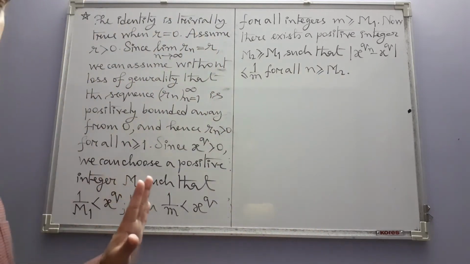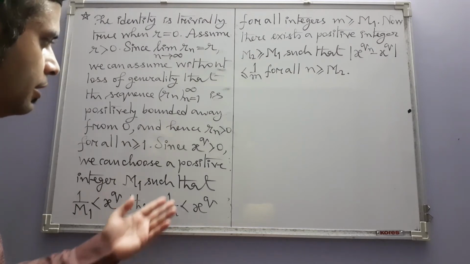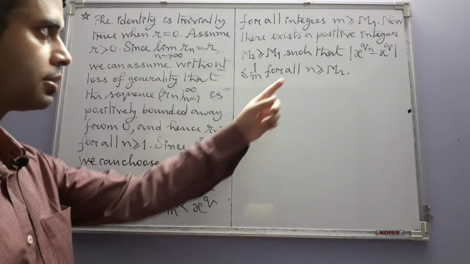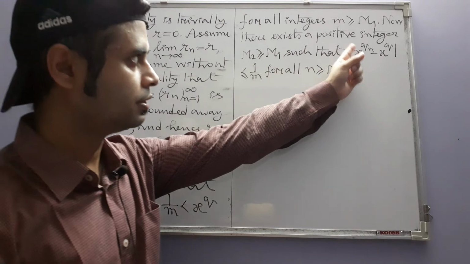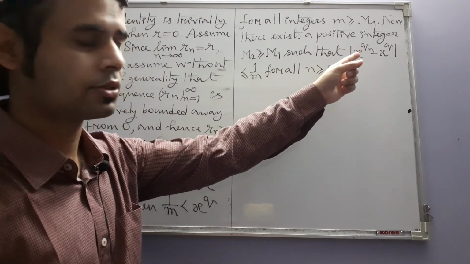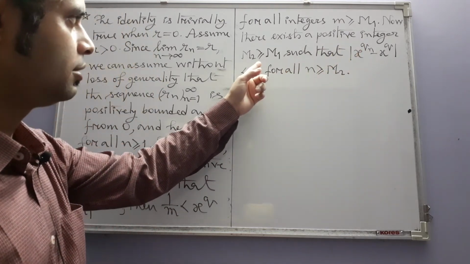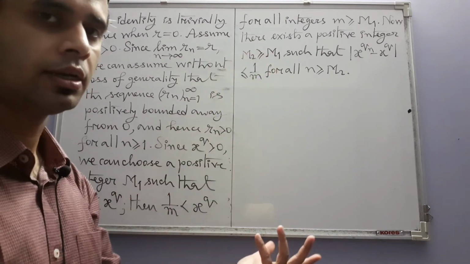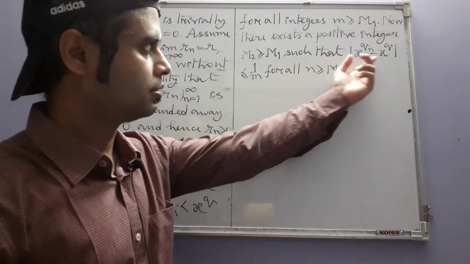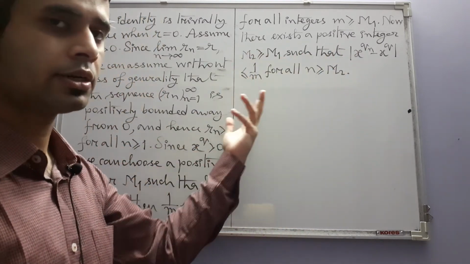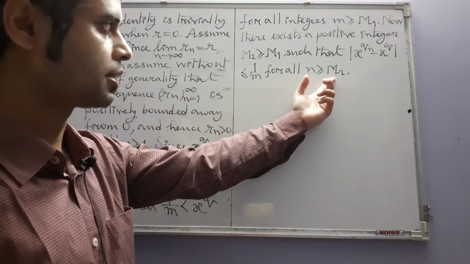What have we done here? See, x to the power q by definition is the limit of this sequence. So if our epsilon is 1 over m, then this distance can be made less than or equal to that, starting from some stage.